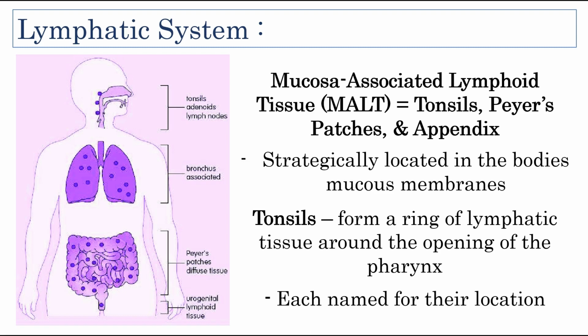MALT are mucosa-associated lymphoid tissues. Again, basically, these are just collections of those lymphatic follicles at areas where bacteria wants to grow, wants to develop, wants to enter the body tissues. Thin, moist mucous membranes are great for bacterial proliferation especially.